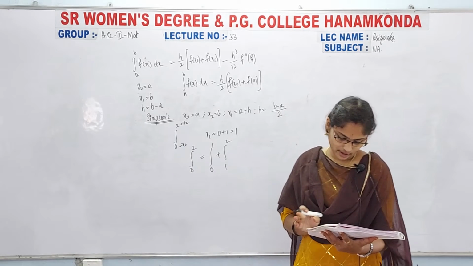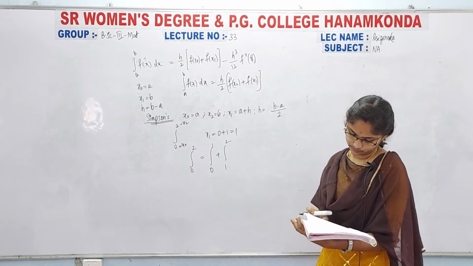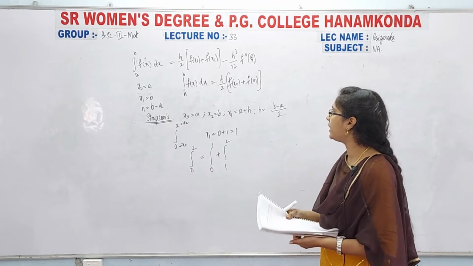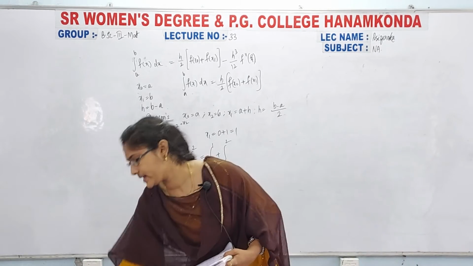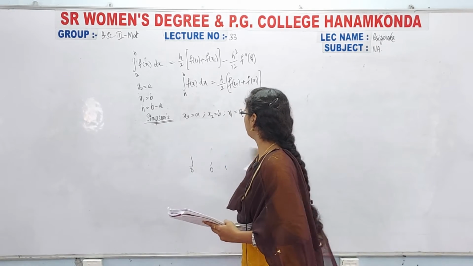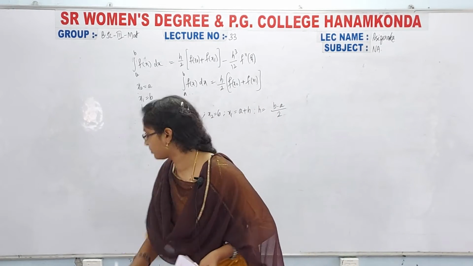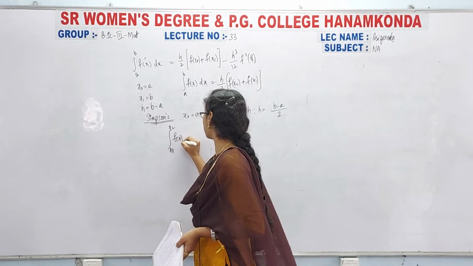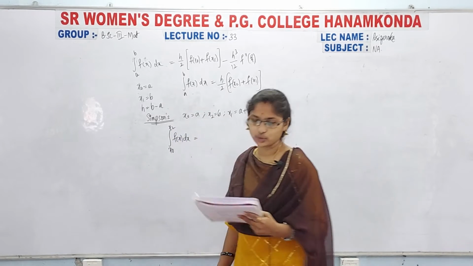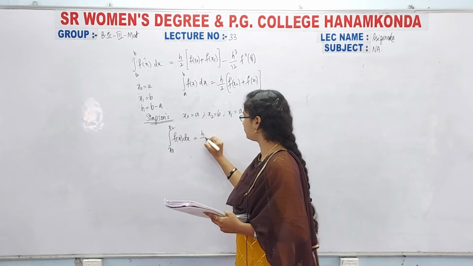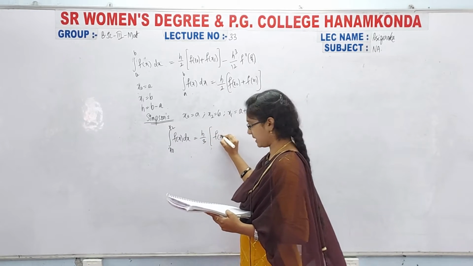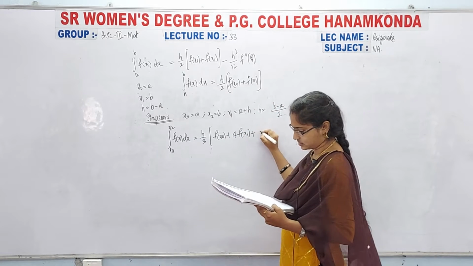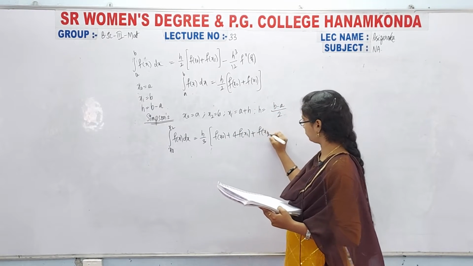Now write down my formula for the Simpson rule. Integral from x0 to x2 of f of x dx is equal to h by 3 of f of x0 plus 4 into f of x1 plus f of x2.